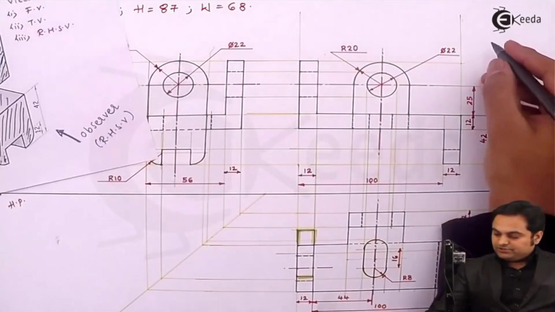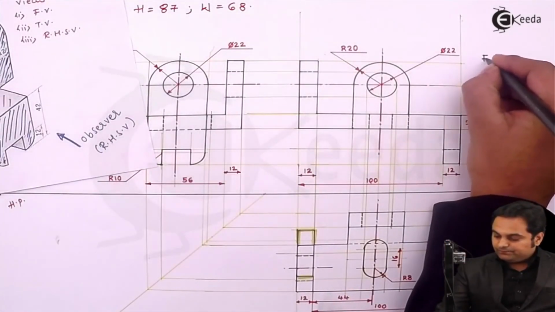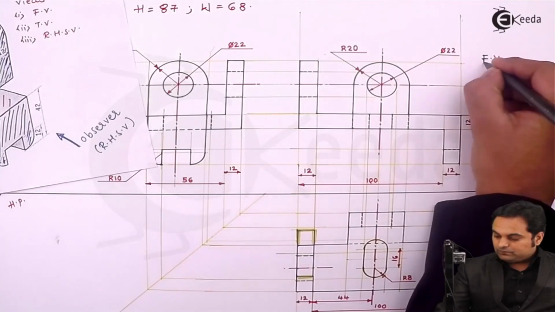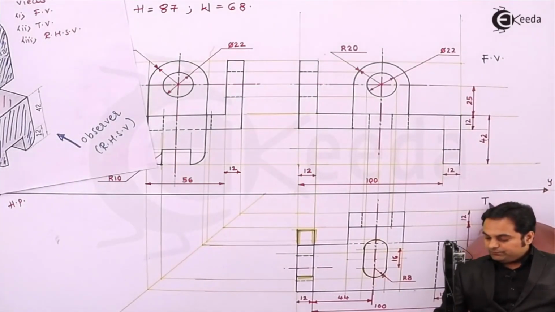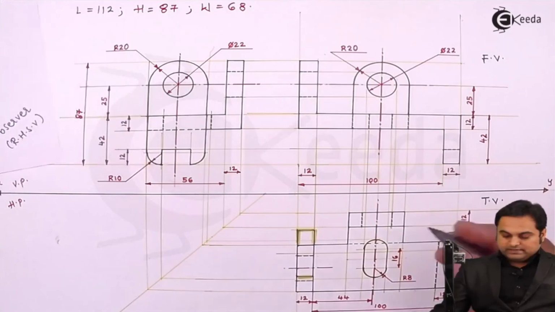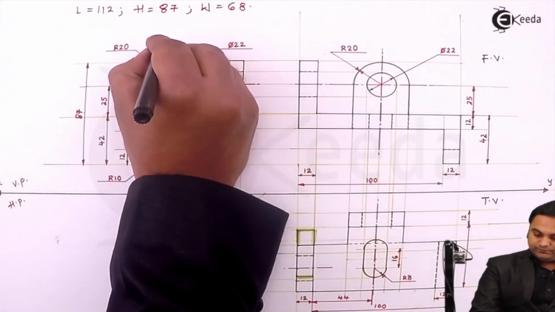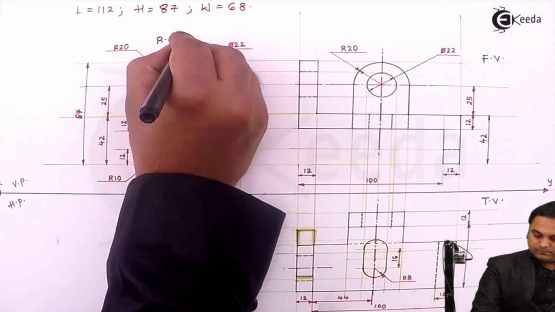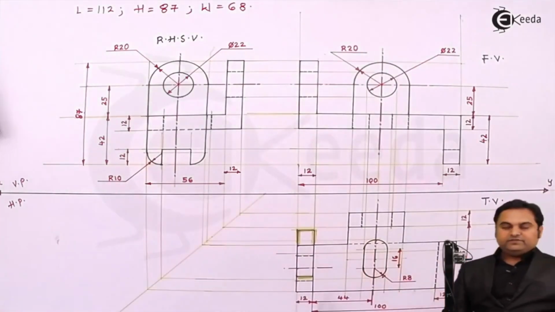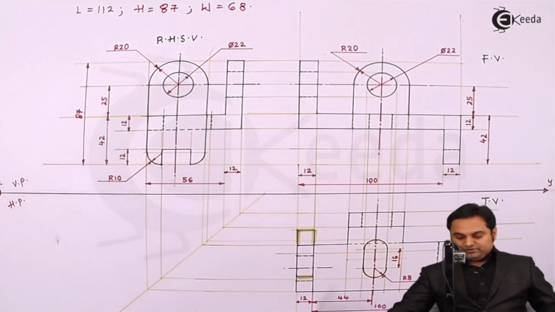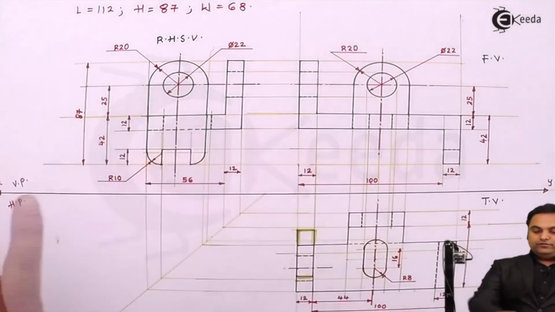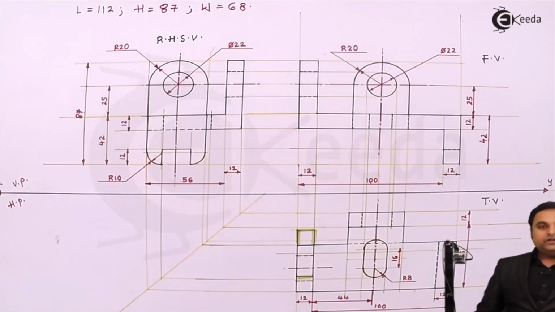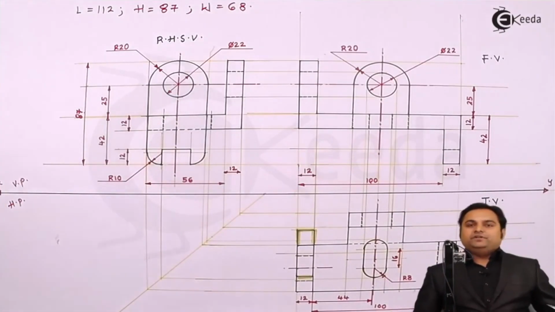So here I'll mention that this is the front view. Here we have the top view, and this is the right hand side view, which is drawn on the left hand side by the first angle method of projection. And with all the views completed and the dimensions over, I can say that the problem has been completed.